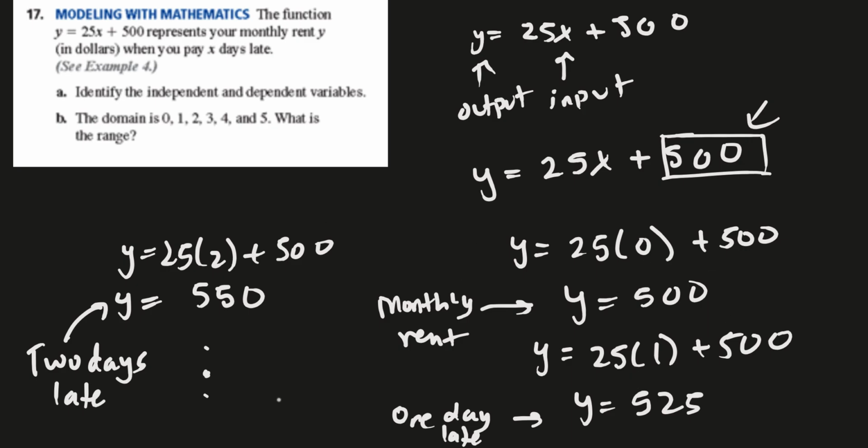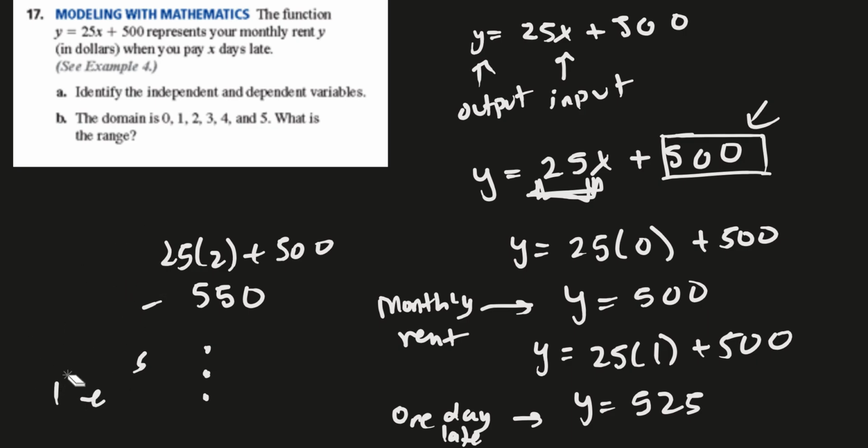Each and every day you pay late, it's increasing by $25, which means that the fee, I guess you could say, per day of paying late is $25. So if you fail to pay your rent and keep on going, then each day that you pay it late, it's a $25 increase. It's a kind of a fee.